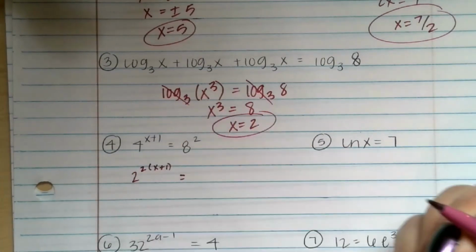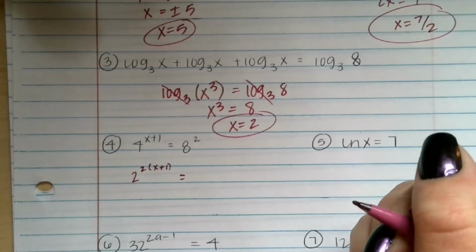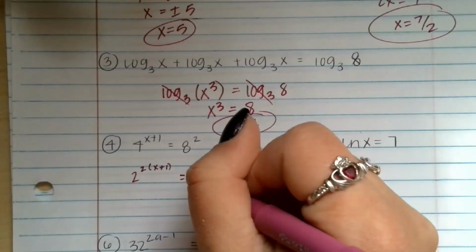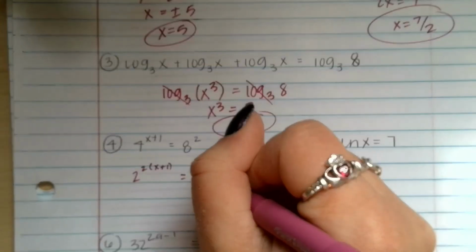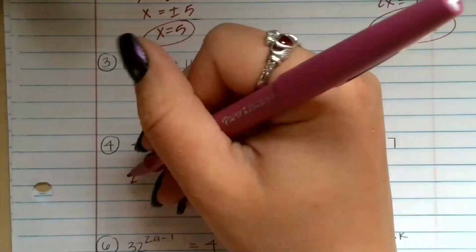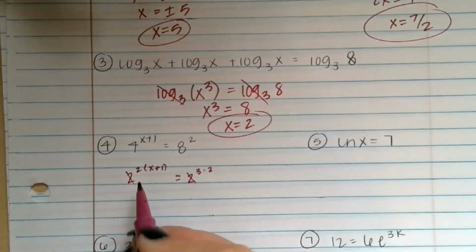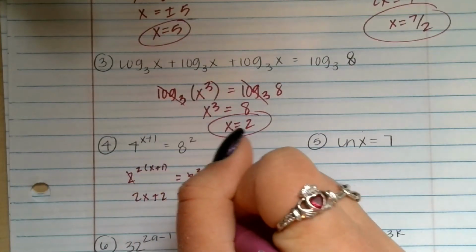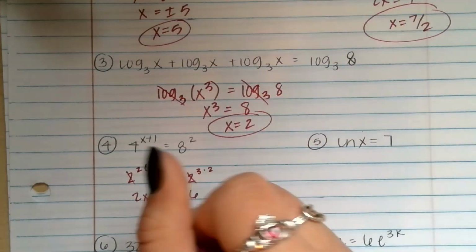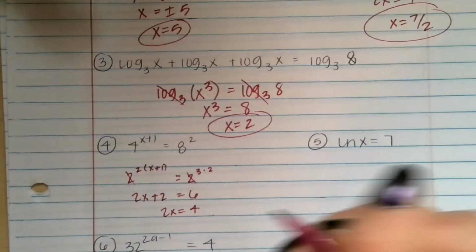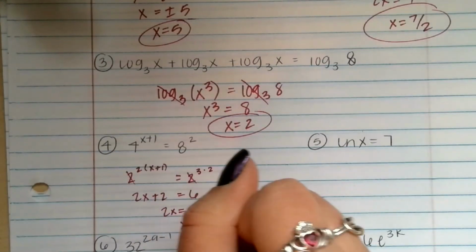And 8 can be rewritten as 2 cubed, right? So this becomes 2 cubed times 2. So we can cross off our bases. And then what we're going to be left with is 2x plus 2 equals 6. Okay, we get 2x equals 4. And then we get x equals 2.